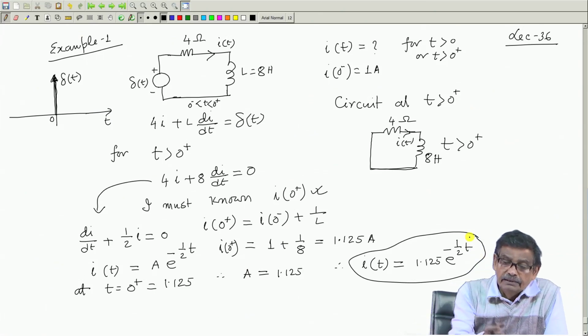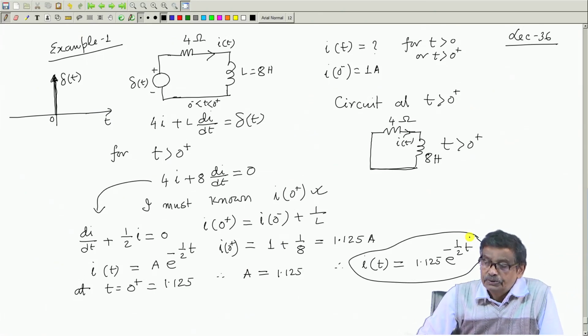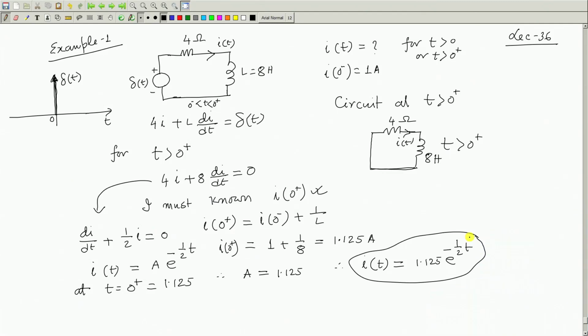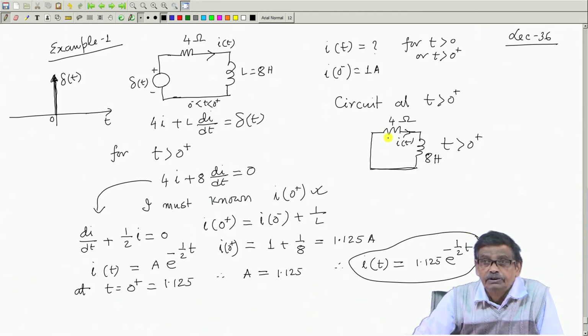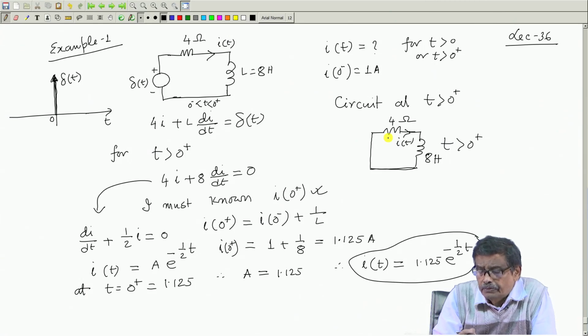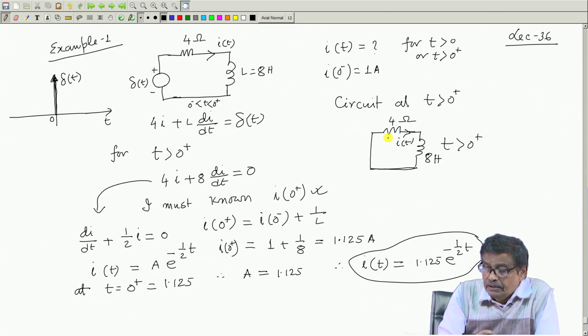That is, the impulse at t equal to 0 will change the boundary condition I 0 minus, which was existing just prior to applying the impulse.